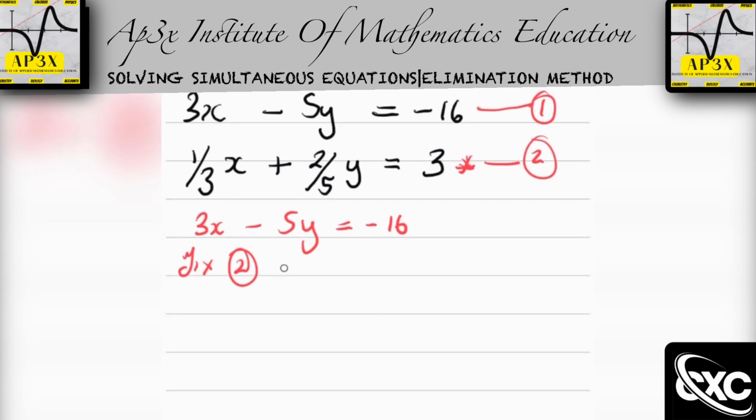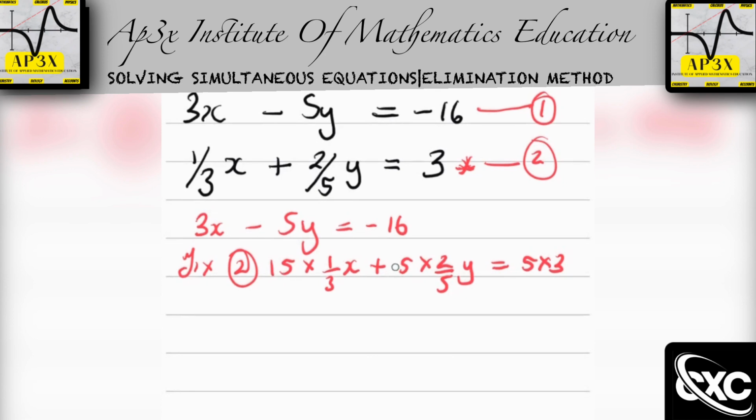So I'm going to have 5 multiplied by a third x plus 5 multiplied by 2/5 y and that's equal to 5 multiplied by 3. Pardon me, it's not 5, it's 15. So 15 is the LCM, so 15, 15, 15.